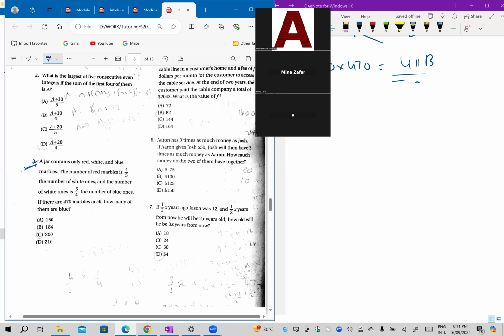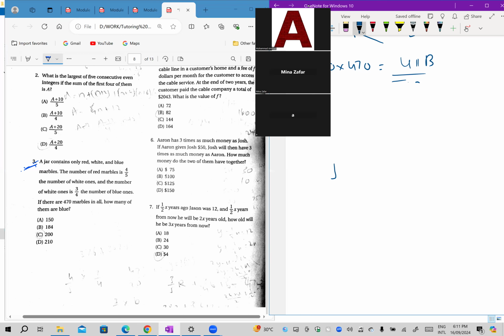Look, if you look at it, they have certain amounts before and after this gift of $50. Aaron has 3 times as much money as Josh.